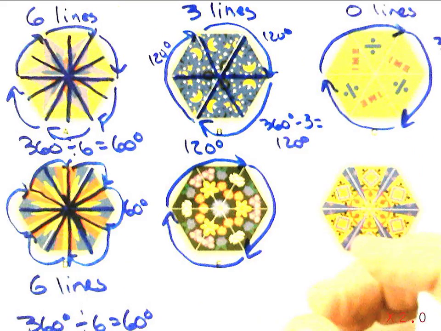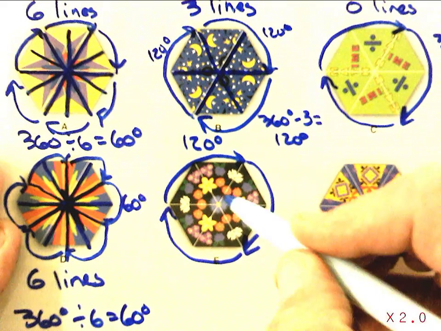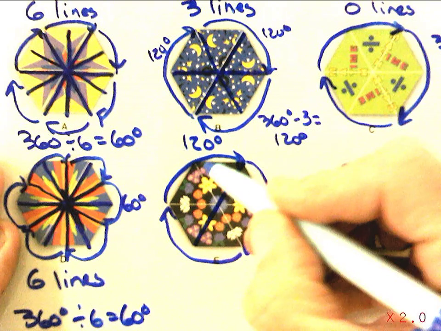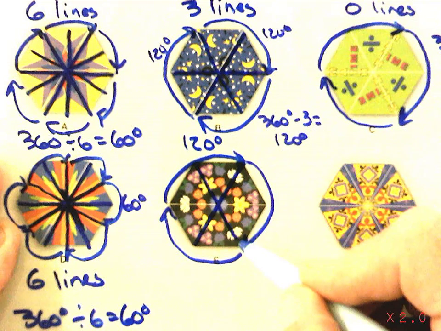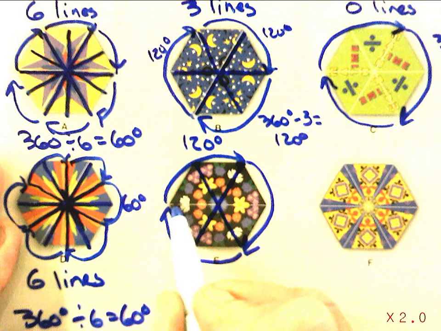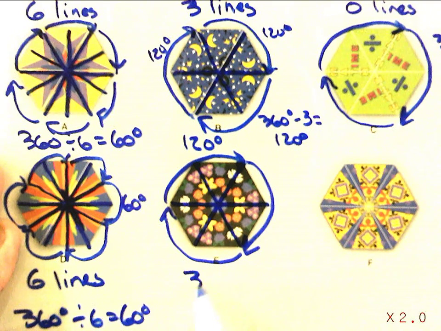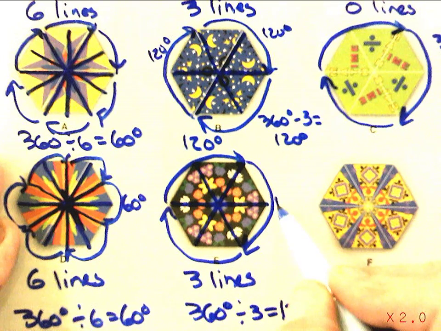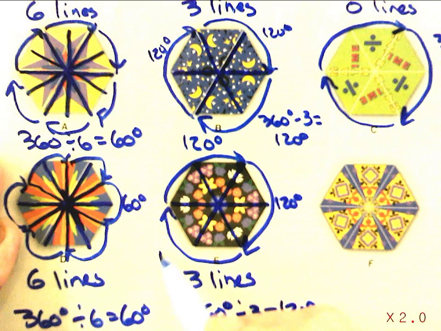So I have just 3 lines of symmetry. And since I had 360 degrees divided by 3, each of those rotations is 120 degrees.